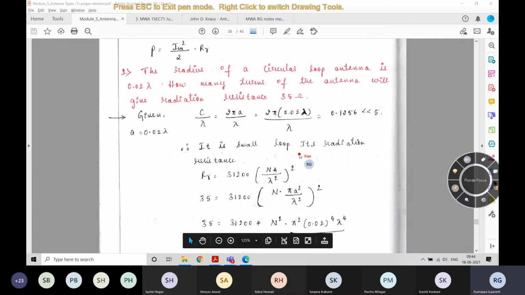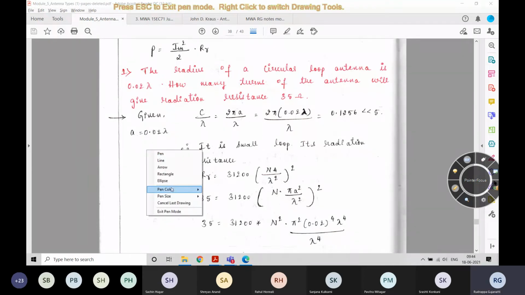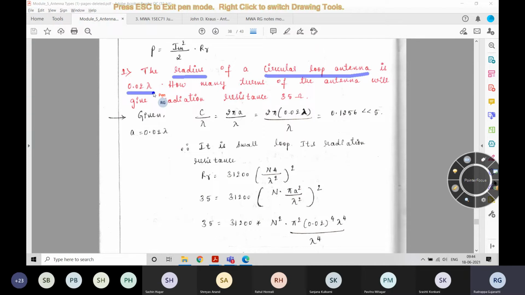Okay, let us have a look at a problem pertaining to the loop antenna. Here the radius of the circular loop antenna is given as 0.02 lambda. How many turns of the antenna will give a radiation resistance of 35 ohm?